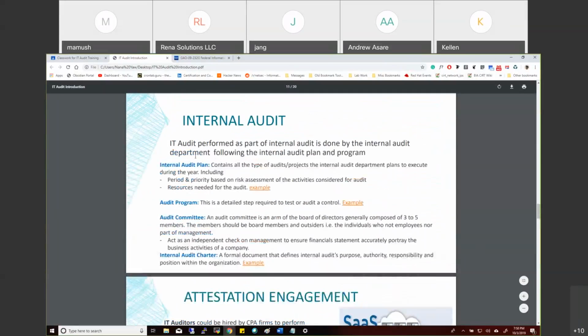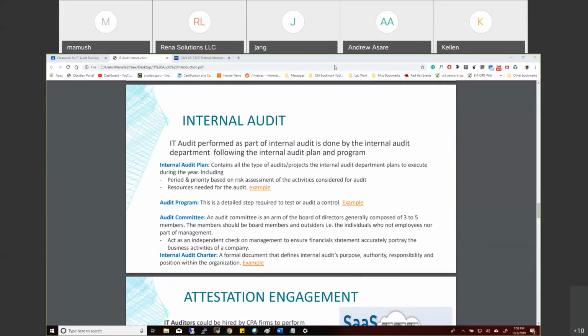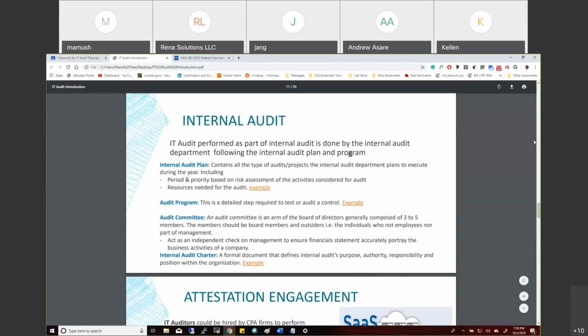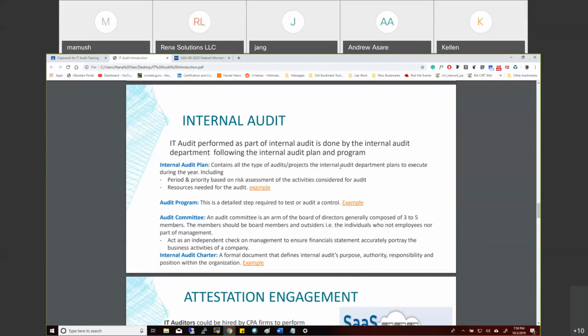So these are a few things to keep in mind when you think about internal audit departments. An internal audit department always needs to have a plan.